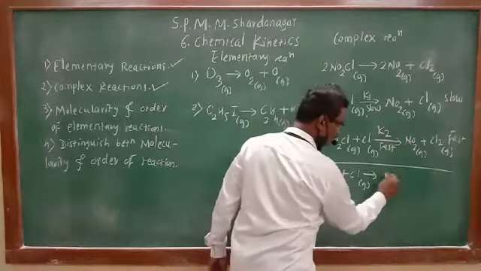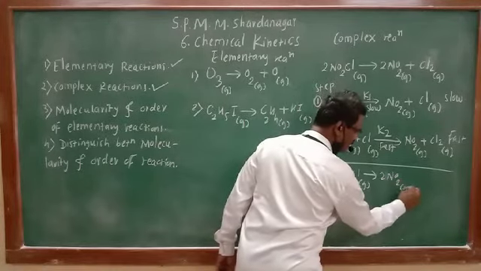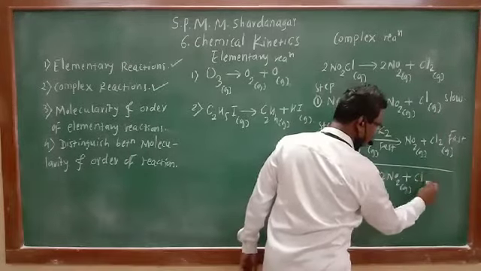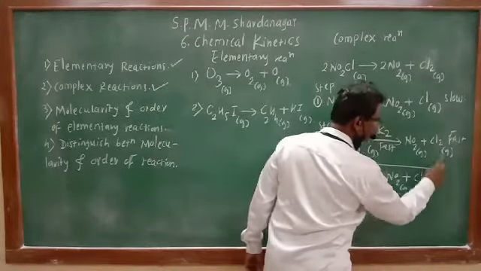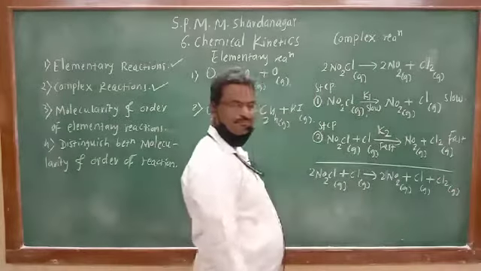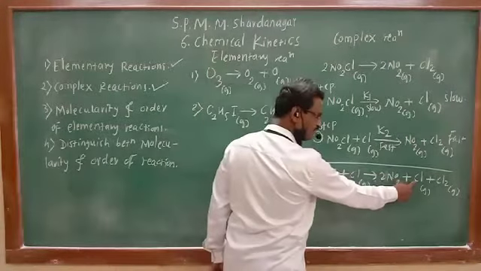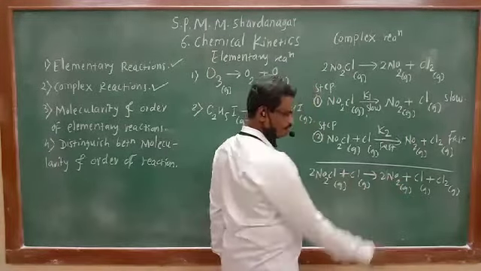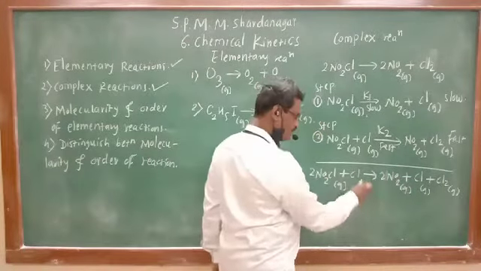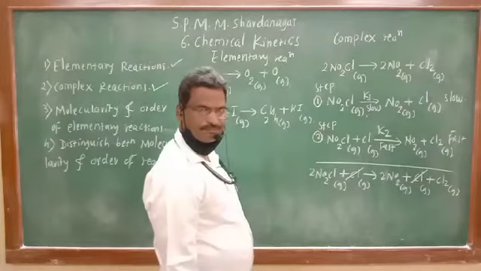NO2 plus NO2 gives 2NO2 gas plus Cl gas plus Cl2 gas. If I take this Cl to the left side, here it is plus, on the left side it will be minus. Therefore this Cl and this Cl will cancel with each other.